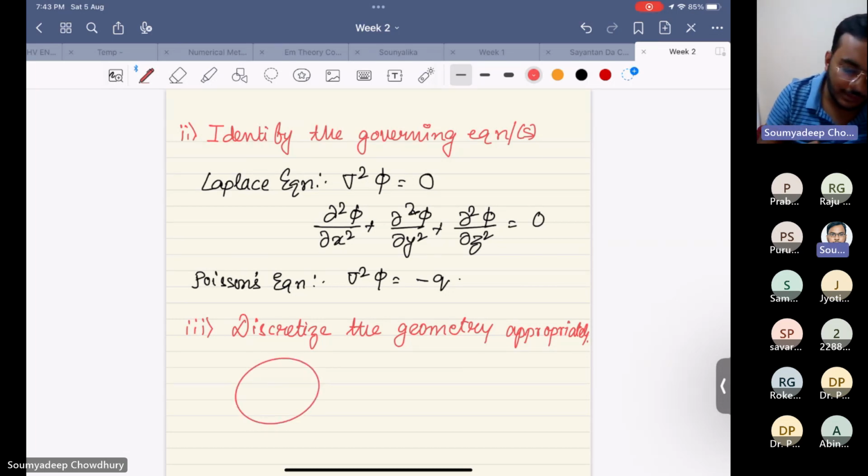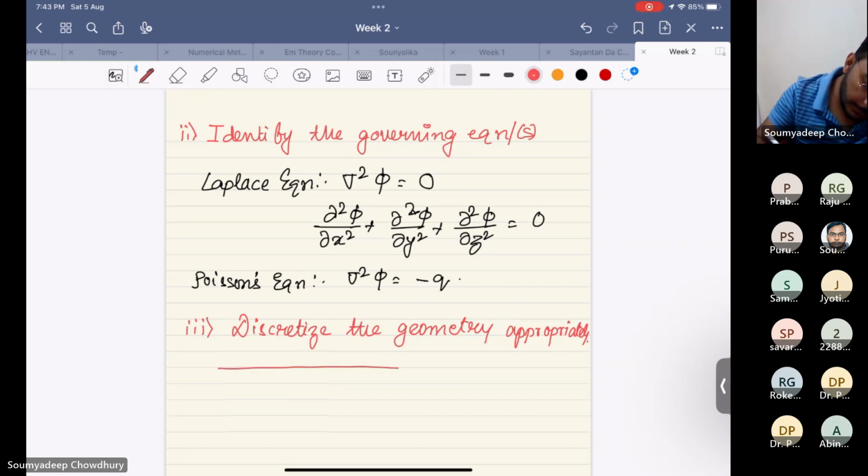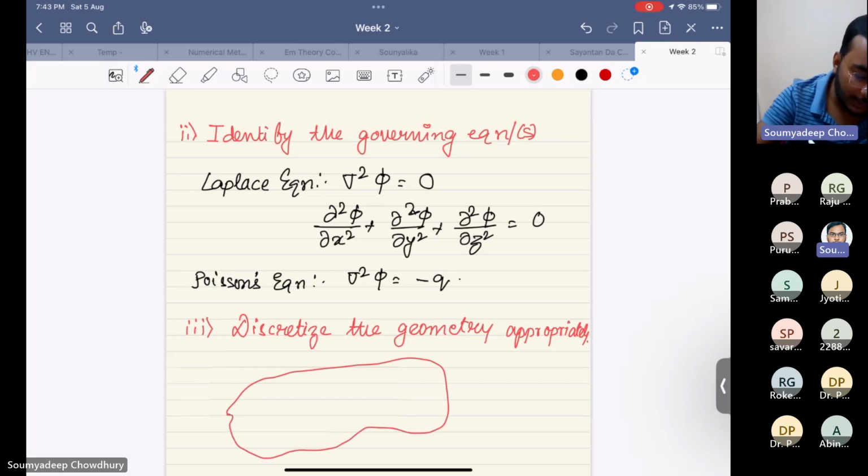Suppose I have a geometry like this, say an ellipsoid type of geometry. Okay, fine. Not this one. Then irregular geometry. Say I have something like this. Some geometry I have like this. Then you are saying I will divide it into smaller triangles or quadrilaterals, right?